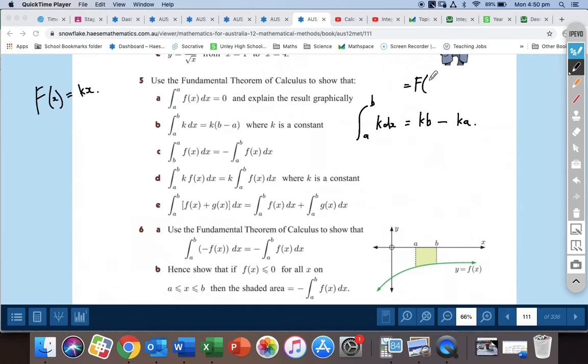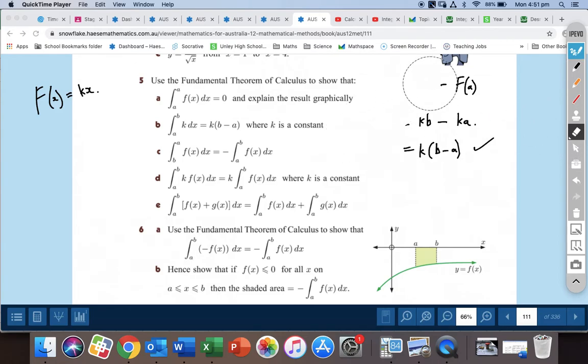I'm doing antiderivative at b minus antiderivative at a, where the antiderivative is kx. Well, that's the same as this statement, taking k out as a common factor, and we're done. That's where they wanted us to go. Okay, so that one's nice and neat.